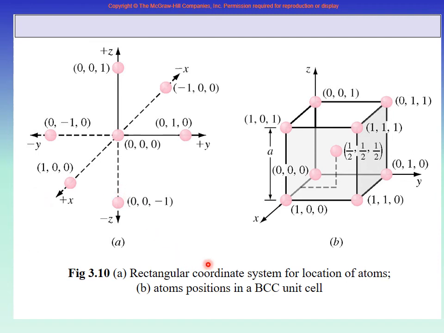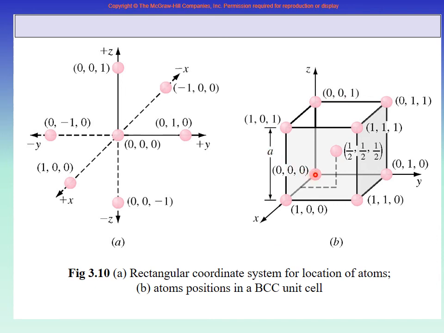The origin we take as the left corner of the back side, not the front side. This is the back face, right? So here is the origin, here is the 0, 0, 0. This is important all through the book, and all through this course this is the system that we will use.